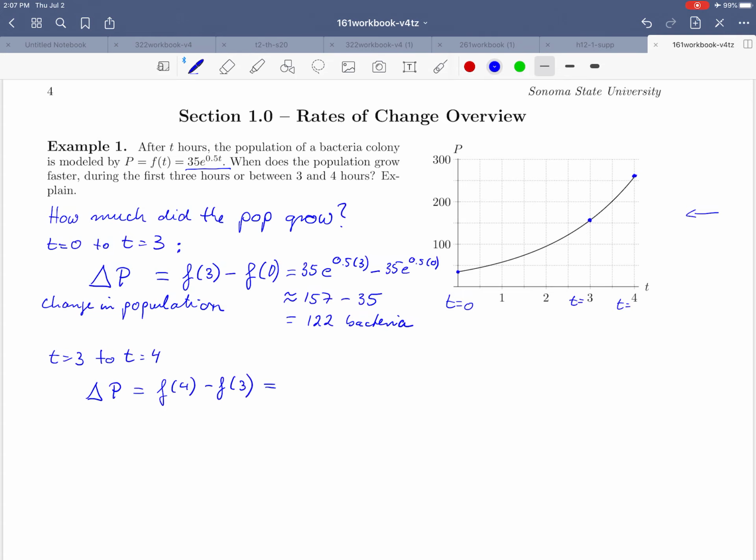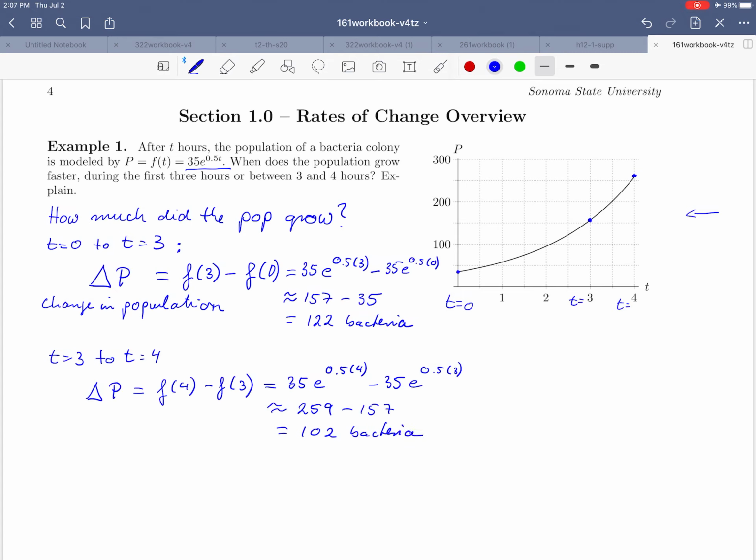Substituting those numbers into our formula, we have 35 e to the 0.5 times 4 minus 35 times e to the 0.5 times 3, and that is approximately 259, again using the calculator, minus 157, and that is a total of 102 bacteria.